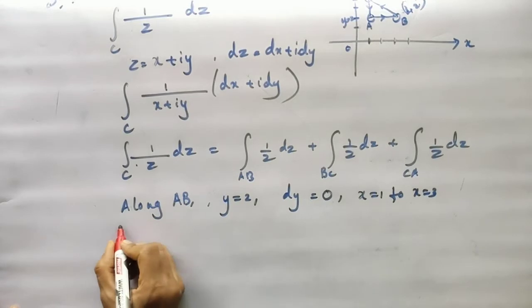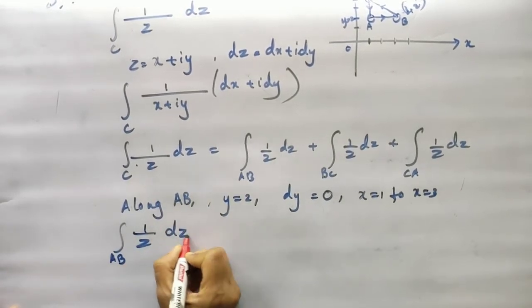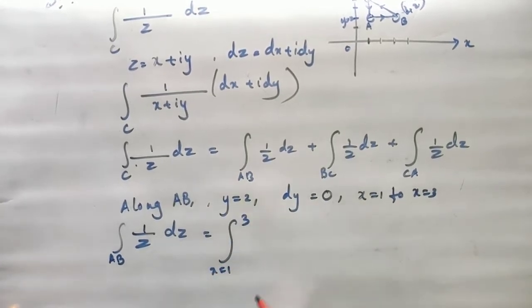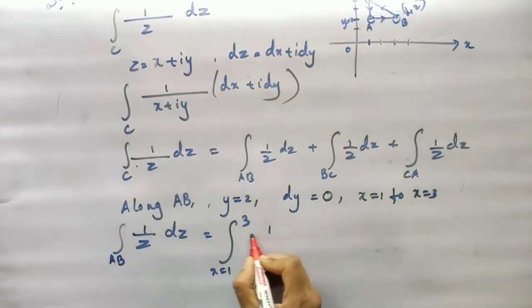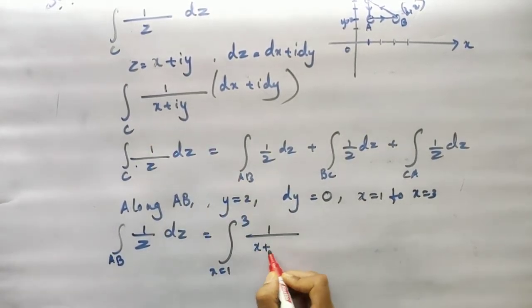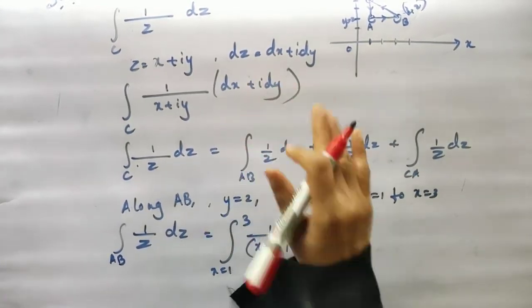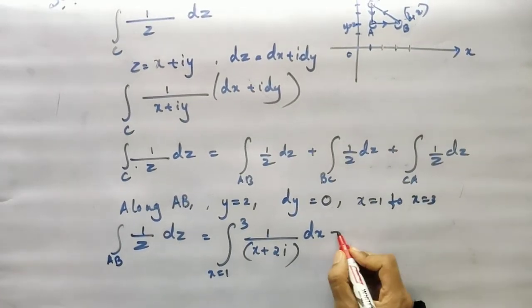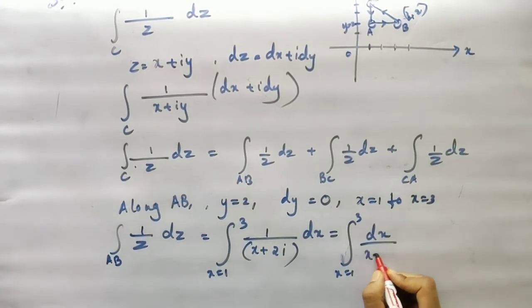So we get the integral along AB of 1 by z dz equal to the integral with x varying from 1 to 3. Y is constant there, so we put y as 2 and get x plus 2i. dy is 0, so only dx will appear. So it is the integral from 1 to 3 of dx divided by x plus 2i.